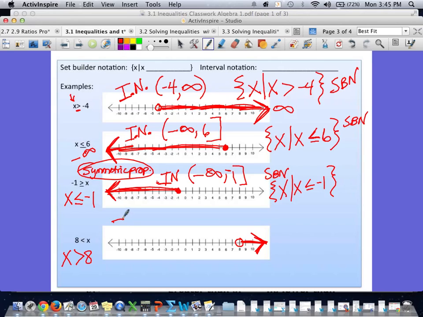So our interval notation would be, starting at 8, but not included, going to positive infinity. Our set builder notation would be x such that x is greater than 8. Okay?